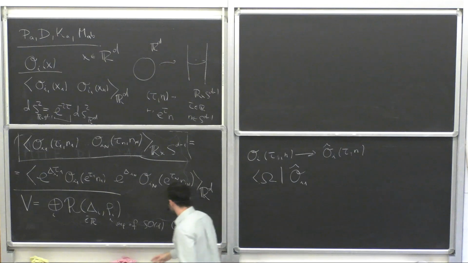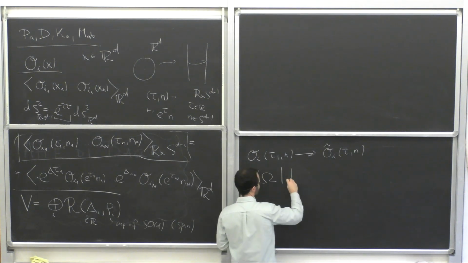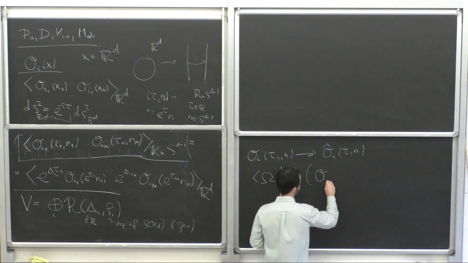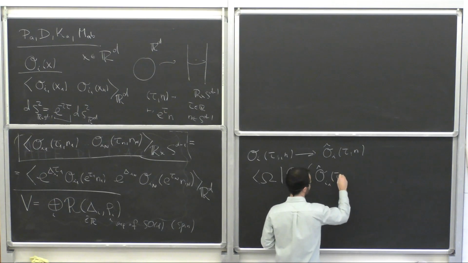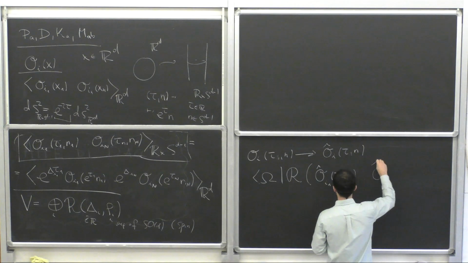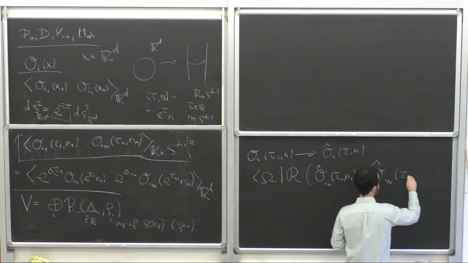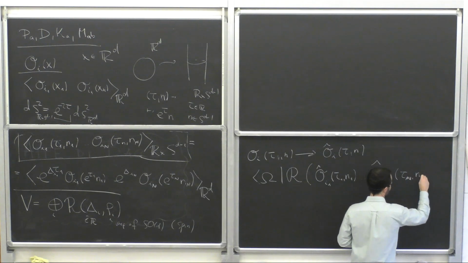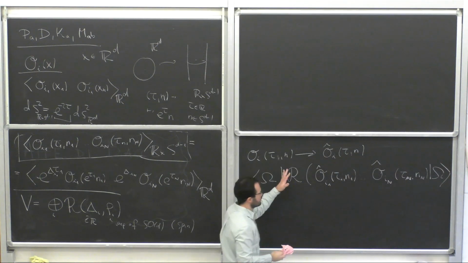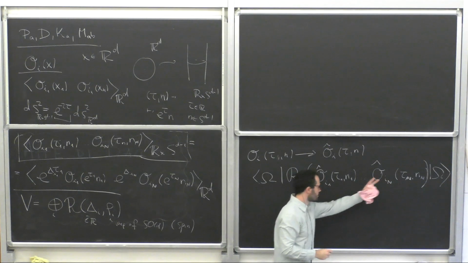Actually, let me be careful. But it's important that they are radial ordered now. So what this does is that it looks at all the Euclidean times, and radial orders them.